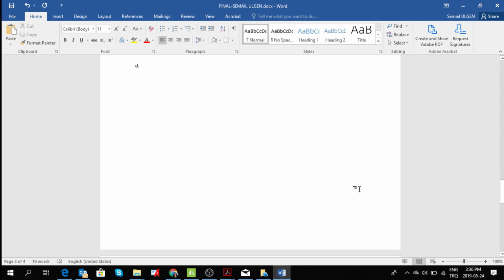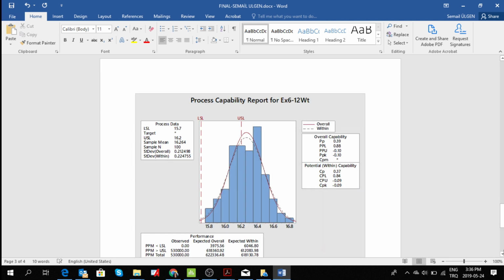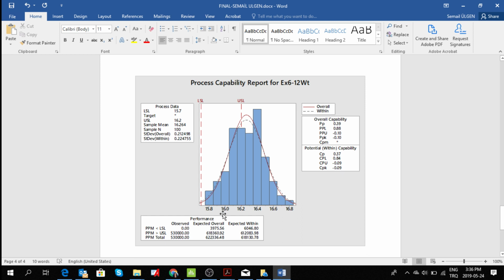And we can say that in this graph, we can get all this information. See lower specification limit, which is 15.7. Upper specification limit is 16.2 here. Other information is in here. And we have lower specification limit, upper specification limit. Look at that, right?